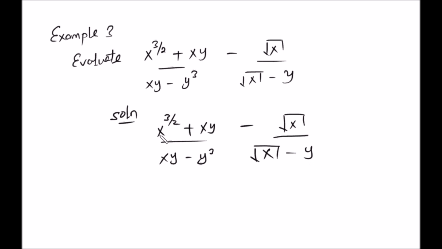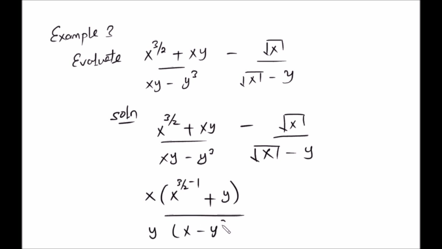So I will factor out x here. When I factor out x here I remain with x power 3 over 2 minus 1 plus, so when I factor out x here I remain with y over, and below I factor out y, so I will remain with x minus y squared. So we're going to have minus the square root of x over the square root of x minus y.